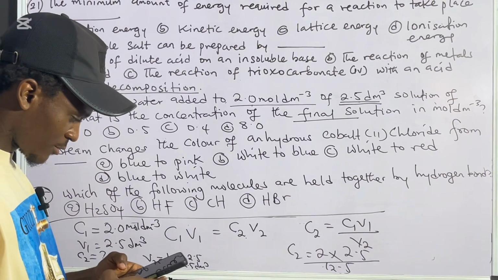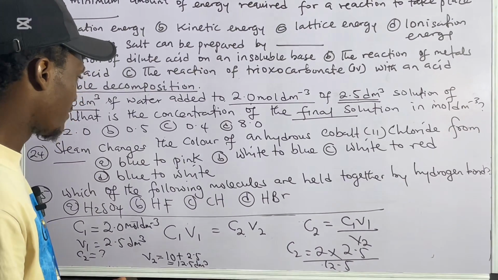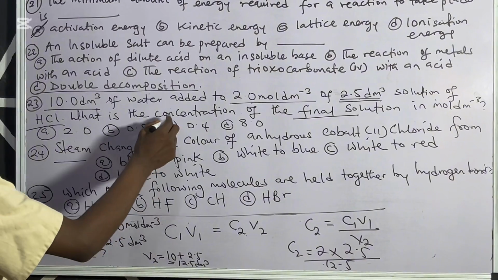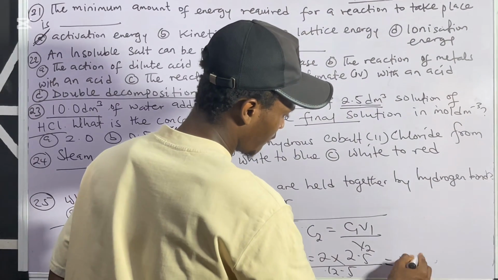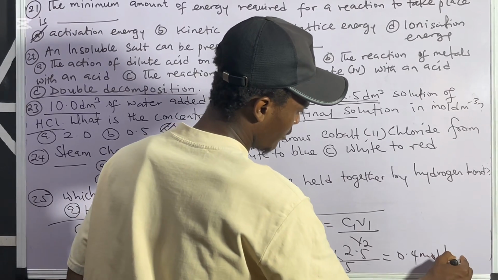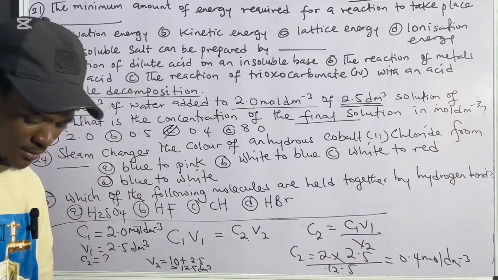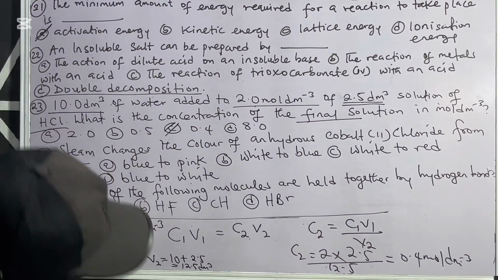That should give us 0.4. So our answer is C, which is 0.4 moles per dm cube. All right, so that's our answer.